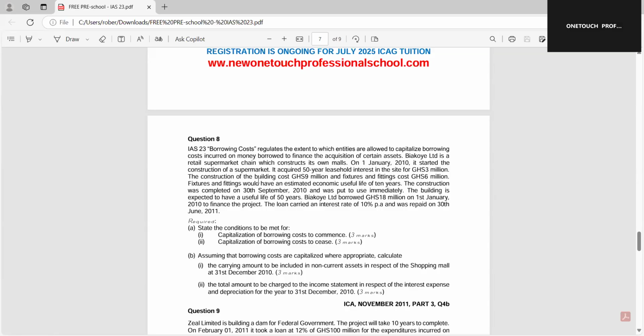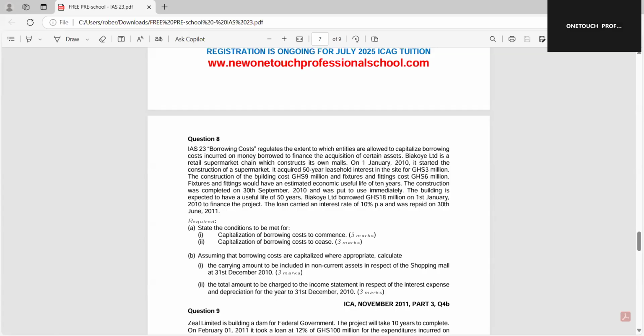IAS 23 Borrowing Costs regulates the extent to which entities are allowed to capitalize borrowing costs incurred on money borrowed to finance the acquisition of certain assets. Anyway, B Limited is a retail supermarket chain, which constructs its own malls.